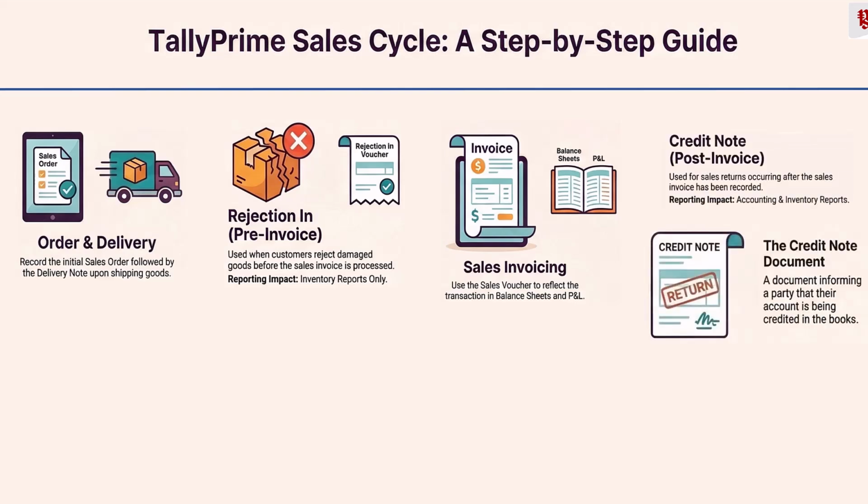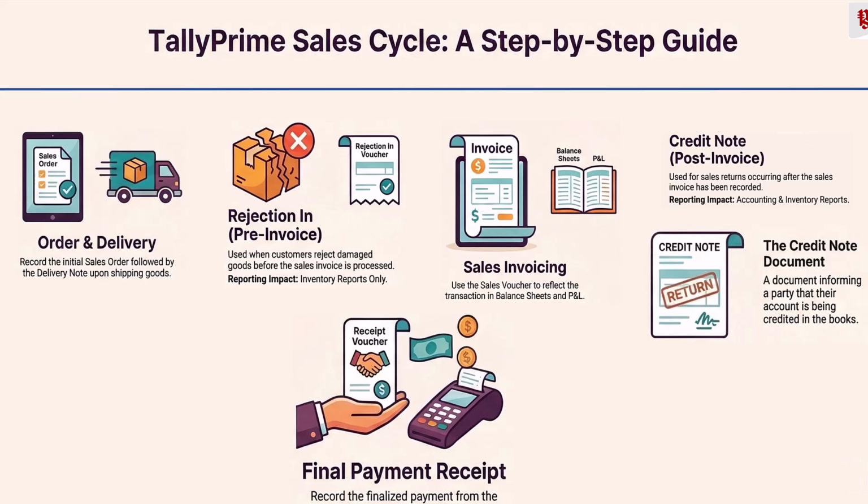E. Accounting credit note. Post invoice accounting, there will be an impact on the inventory book for material being received back and on the accounts book to the extent of the value of the goods being returned, thereby reducing the amount receivable. Finally, the receipt of money towards the outstanding bill.